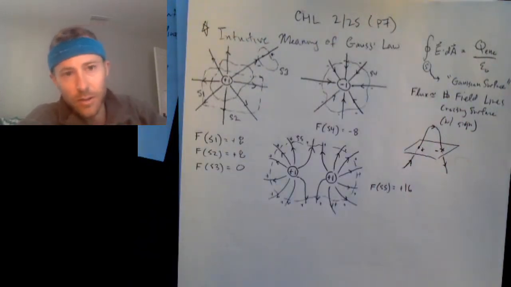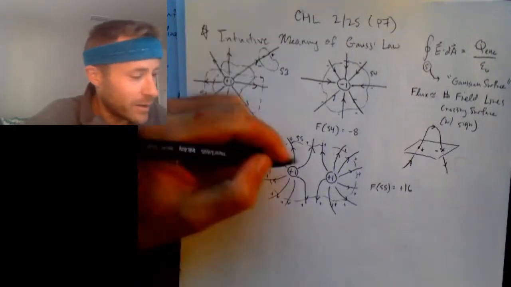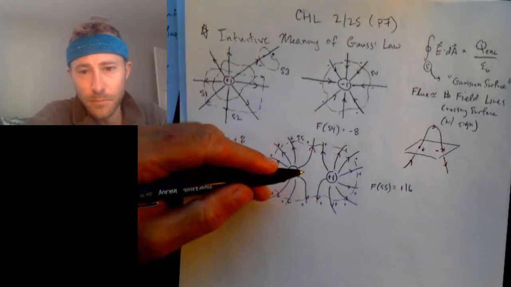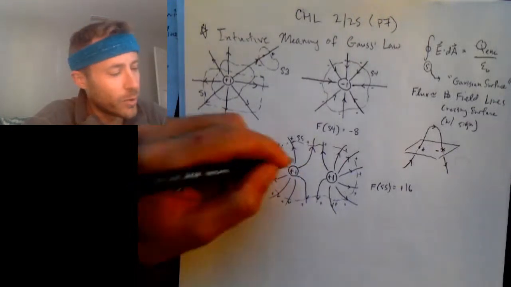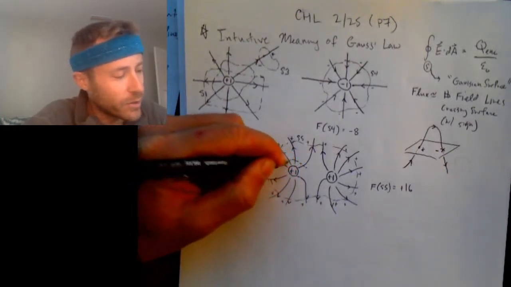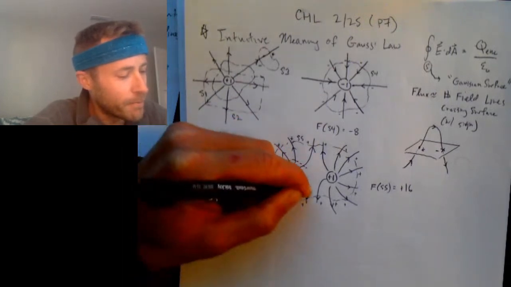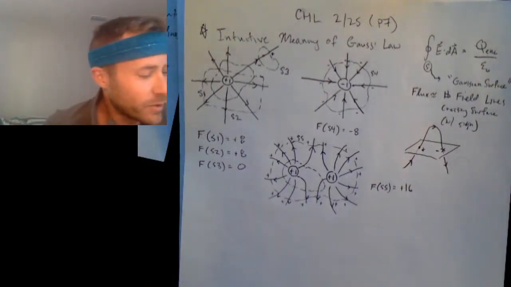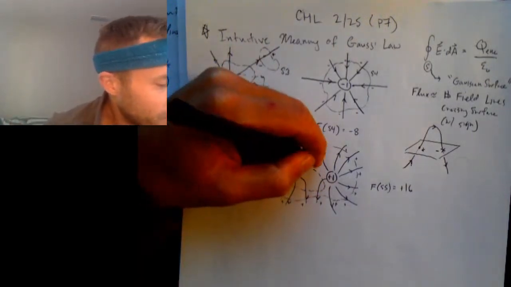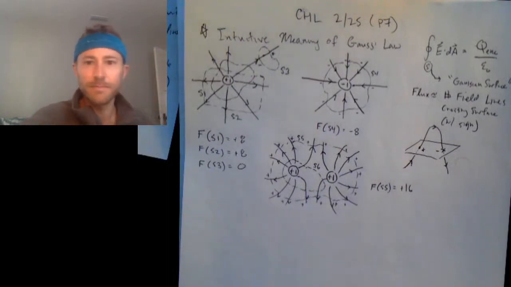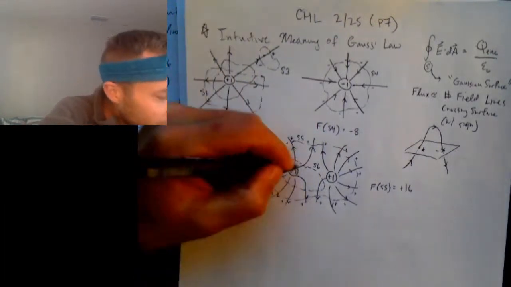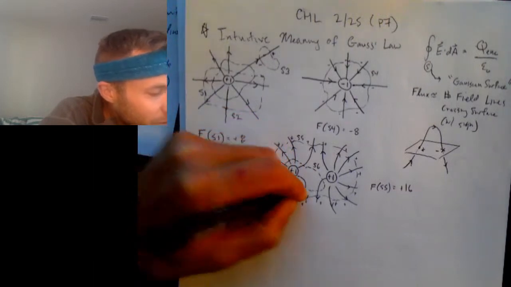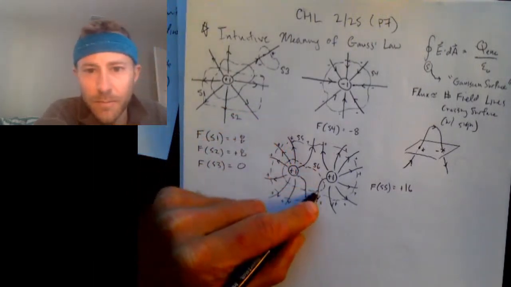Okay? Now, here's where it gets interesting: even though there are two charges, what if we have a Gaussian surface that only encloses one of them? So even though there are two charges, our surface only encloses one. So I'll call that surface 6. And I can see it has 1, 2, 3, 4, 5, 6, 7, 8, 9 lines going out.